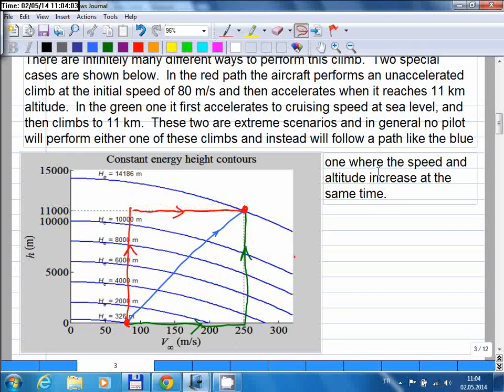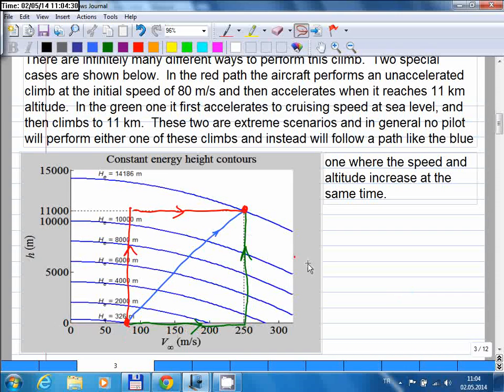In the second special case, it follows the green path. In that case, first it starts accelerating, right? It takes the entire excess power and uses that to accelerate from the initial speed to the final speed at the initial altitude, and then it starts climbing. At the final speed, it climbs from here to there.